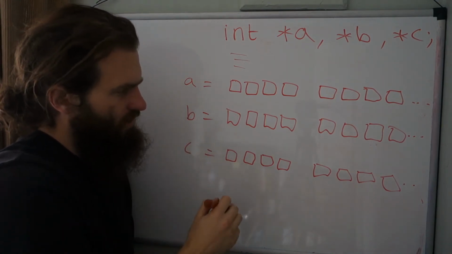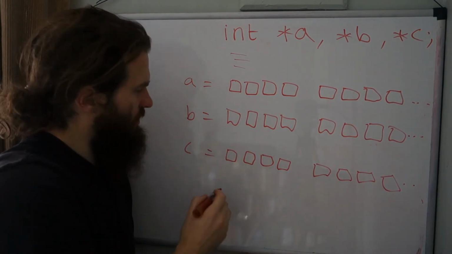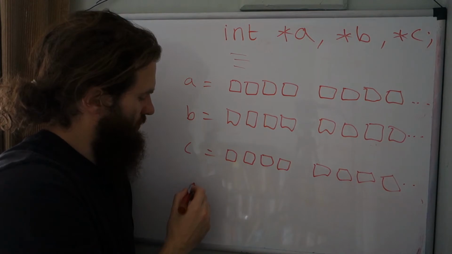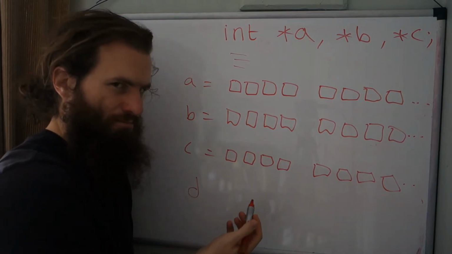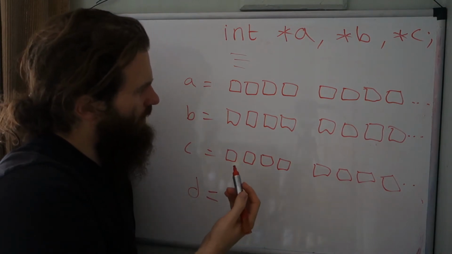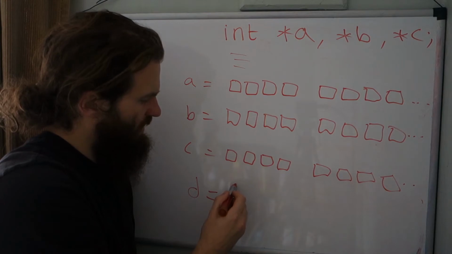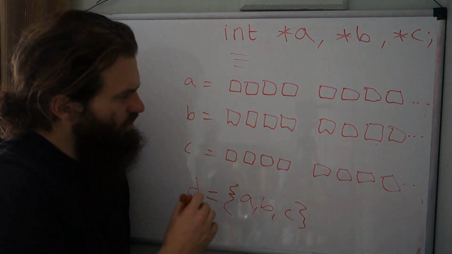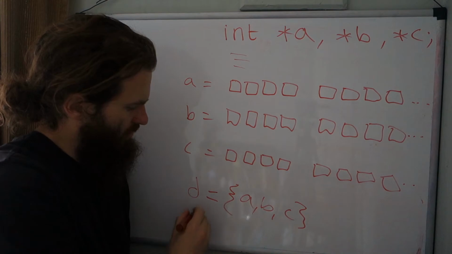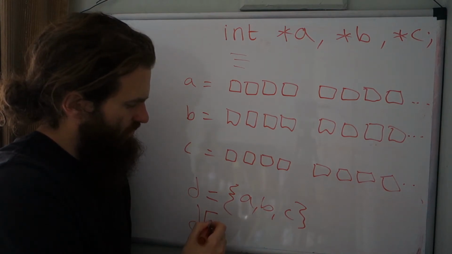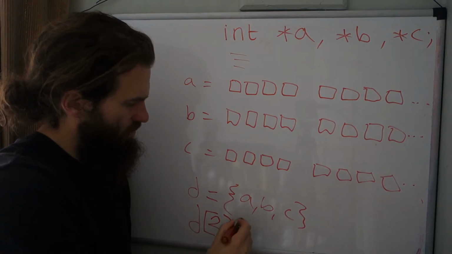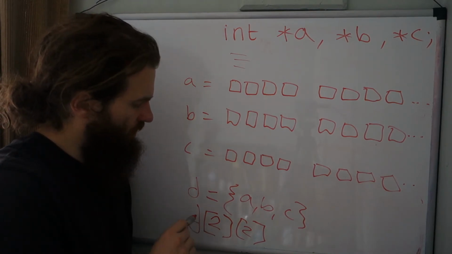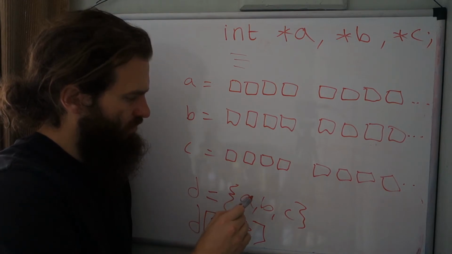So if we could put A, B and C into another array, so say we had an array called D, and what D actually looks like is A, B, C. Then we could index into this by doing something like D 2 2, and what that would do would first of all give us the second element of D, which would be 0 1 2, which would be C.